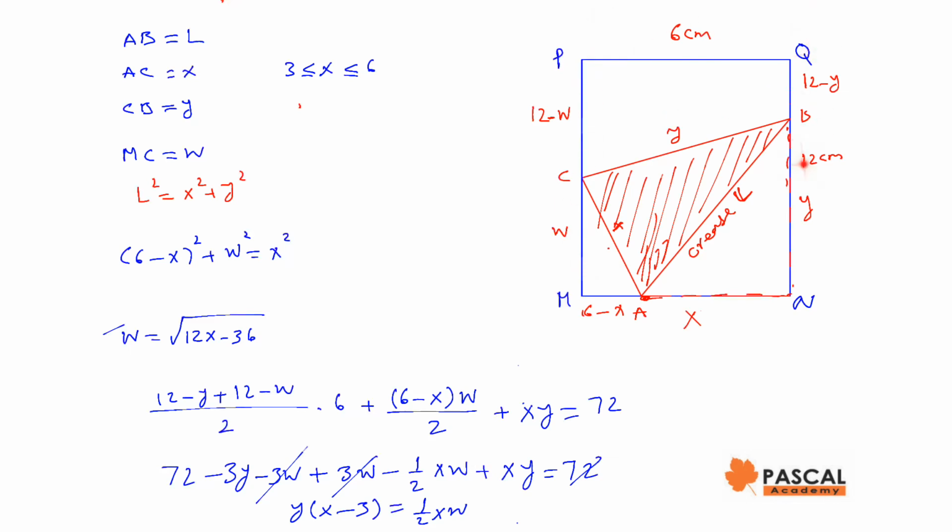The area of the paper is 12 times 6, which is 72.